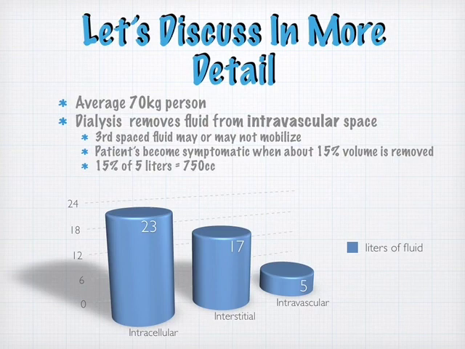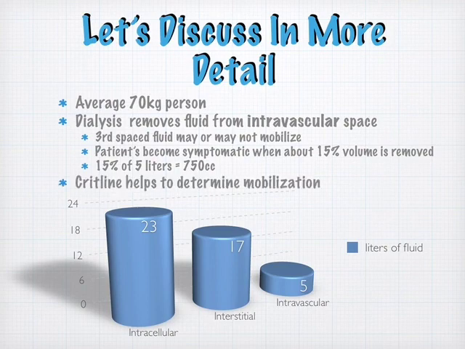So we take way more than 750 cc's of fluid off patients on dialysis all of the time, and the reason that we're able to do that is because when we're removing fluid from the intravascular space, they're refilling their intravascular space from their third spaces. So the crit line can help us determine when exactly that is happening. Crit line is one of the brands of hematocrit monitoring devices that I worked with.